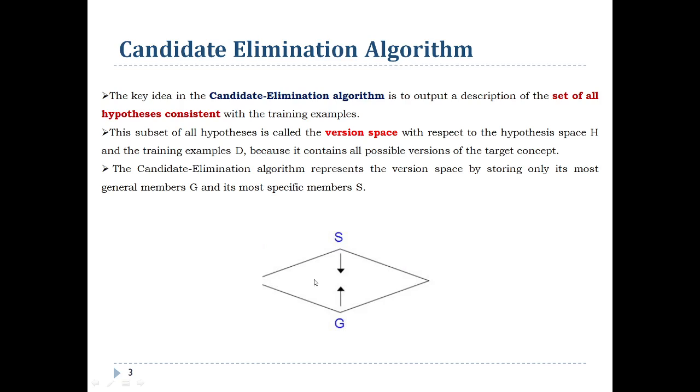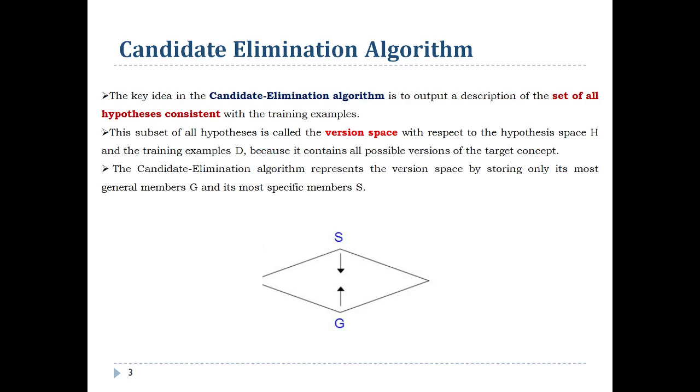So in between is the set of hypotheses which are consistent with the training examples, meaning all the possible versions of the target concept. So that is the candidate elimination algorithm.